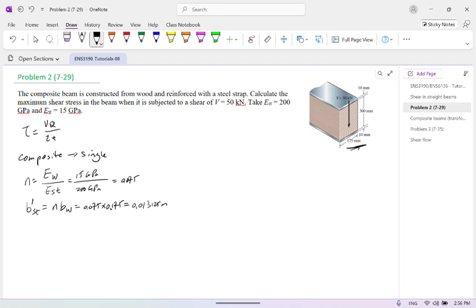So we should draw the figure. It looks something like this, not exactly, just so you know.